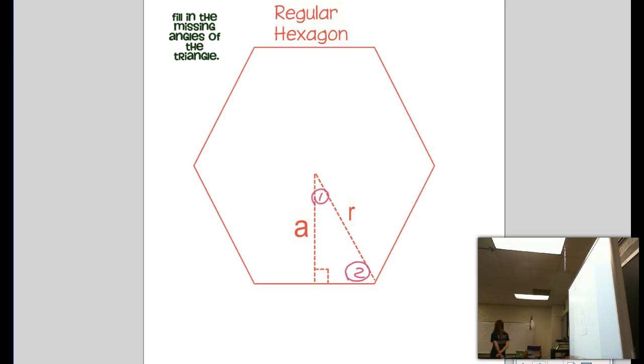Omar. What are the missing angles? It's a hexagon. Does n minus 2 times 180 ring a bell?